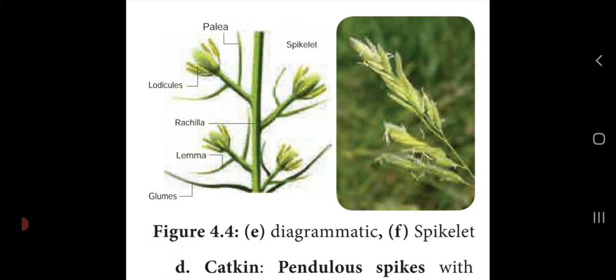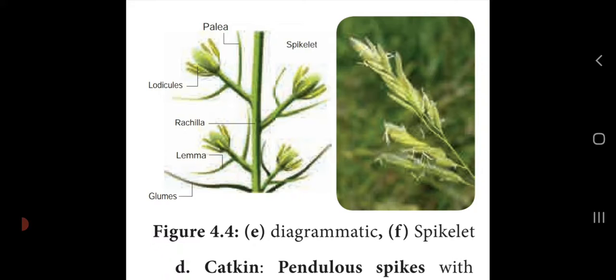Then each sessile flower without stalk contains a bract known as lemma and the bracteole known as palea.